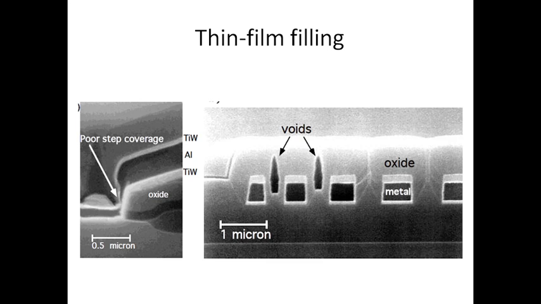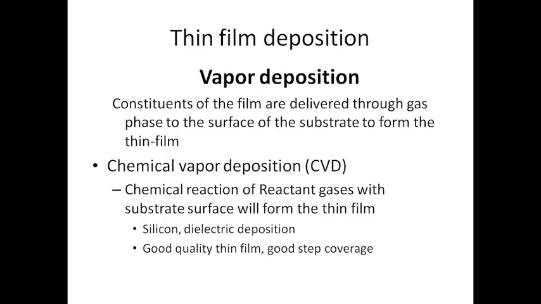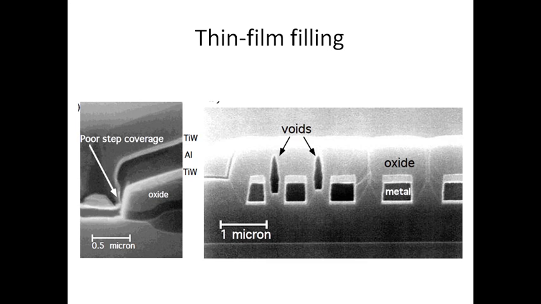So these are some real-time examples of poor step coverage and voids whenever you are filling something between metal layers. So we have these air gaps that have been created. Here we have titanium tungsten, then aluminum, and then titanium tungsten.